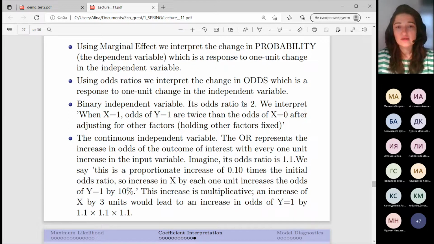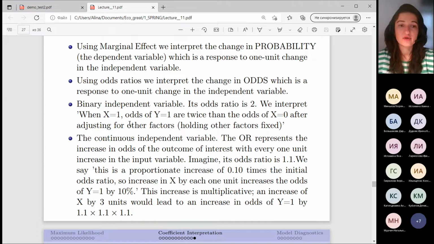It means that being male puts you at 2 times greater odds of being, let's say, self-employed. Or you can also say that the odds of the dependent variable equaling 1 for males are twice the odds for females, holding all other factors fixed.